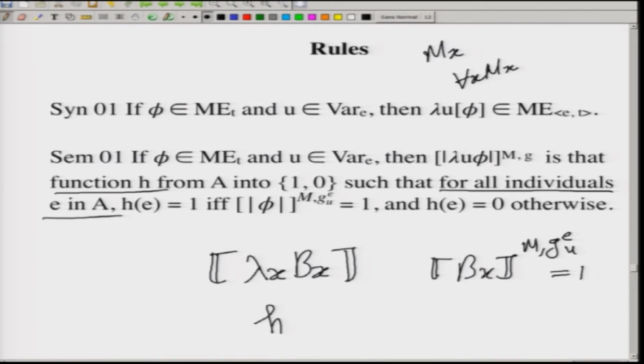That is, for all e, B x m g e u gives 1. What does that mean? We try to see this case.